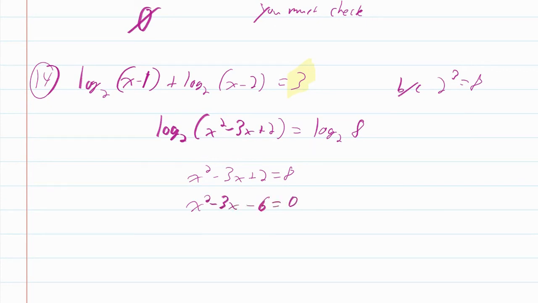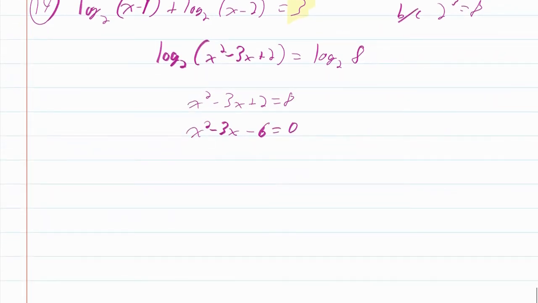And you can decide if you want to complete the square or do a quadratic formula on this. I suggest trying which one you feel you're weakest in. So because this is the way it is, I'm going to complete the square. Half of 3 is 3 halves. 3 halves squared is 9/4. So I'm adding a 9/4 to both sides. Then factoring the left side gives me an x minus 3 halves quantity squared is equal to 4 times 6 is 24 plus 9 is 33.